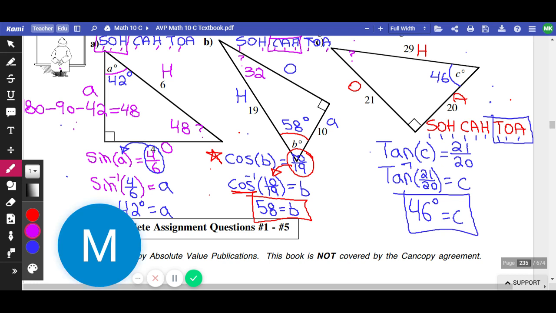This one, 180 minus 90 minus 46, you get 44. Looks like 94. That's a 44. Hey, there we go.